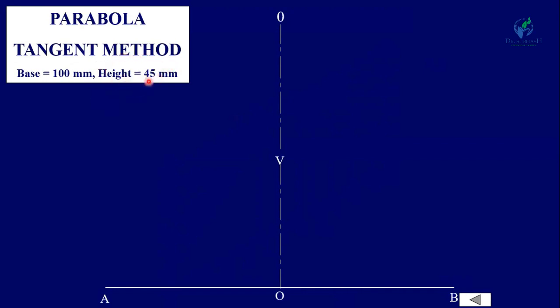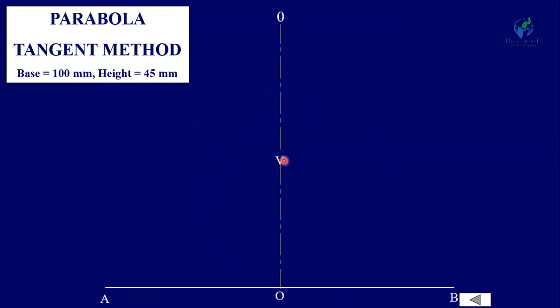In this tangent method, you have to draw a vertical line which is equal to 90 mm, double the height. Here the height is 45 mm, so you have to draw this line OO' equal to 90 mm.